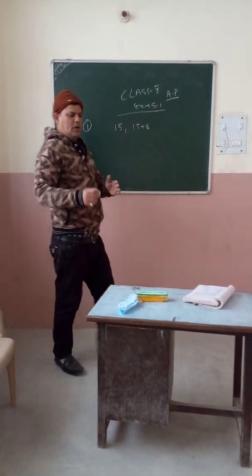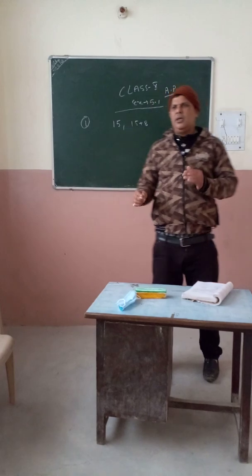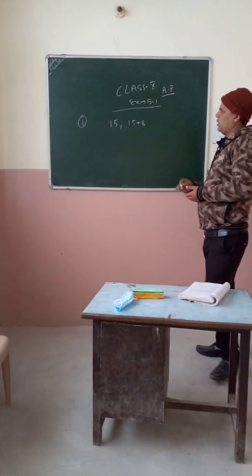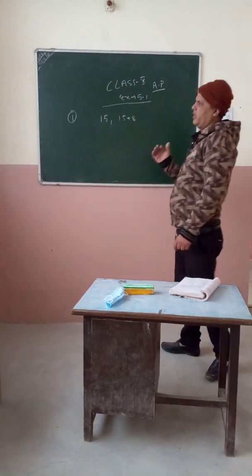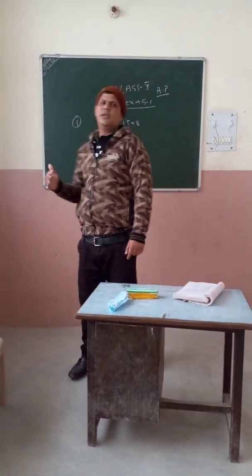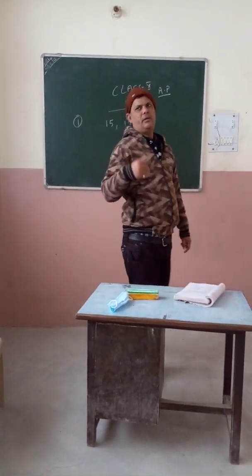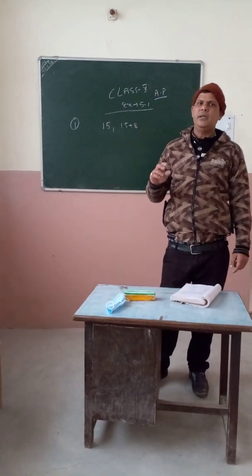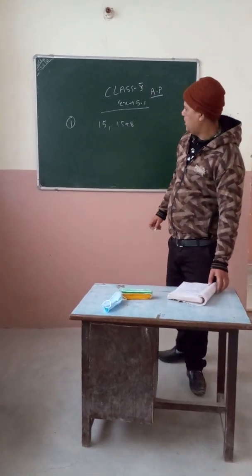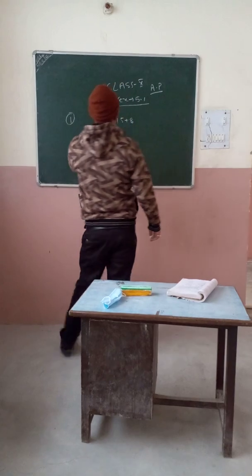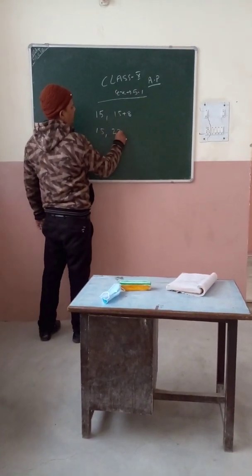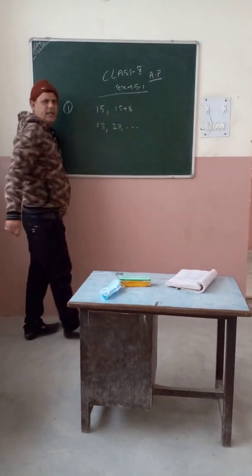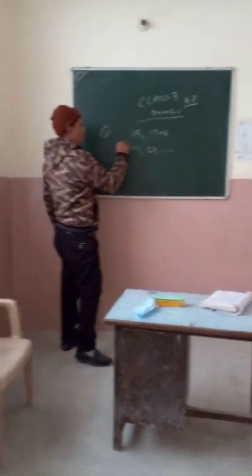So how can it be solved? There are two terms in arithmetic progression: one is the first term and the other is the common difference. So think: 15, then 23 and so on. You can write it down in this book.